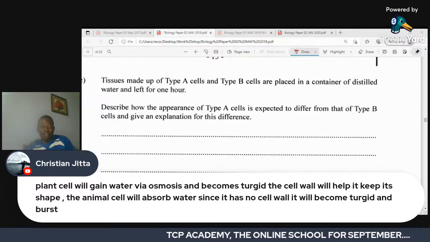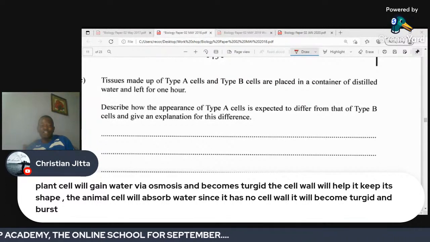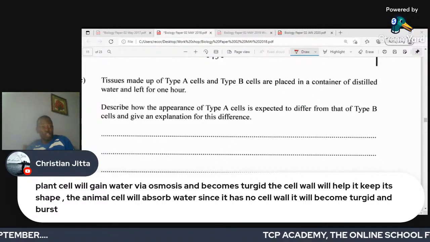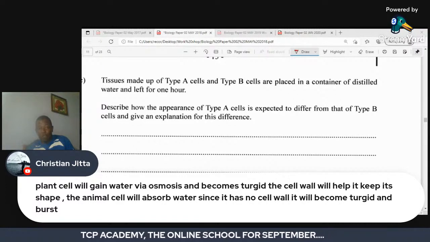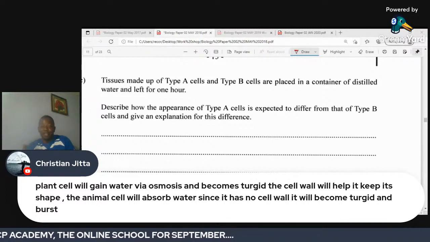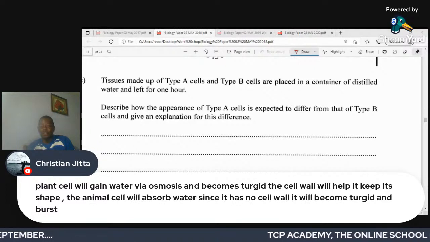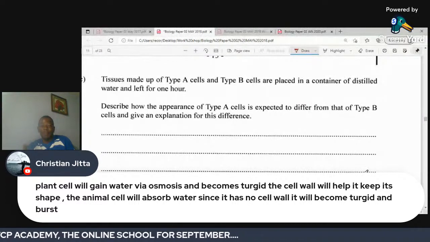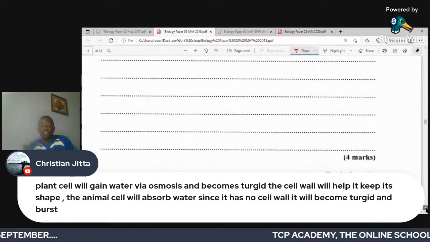The animal cell, on the other hand, will absorb water, and since it has no cell wall, it will burst, or it will rupture, or there's another fancy name for that cell being ruptured. If you know it, you can share it with us. All right, so that is pretty much what will happen. The animal cell will rupture, the plant cell will not rupture.